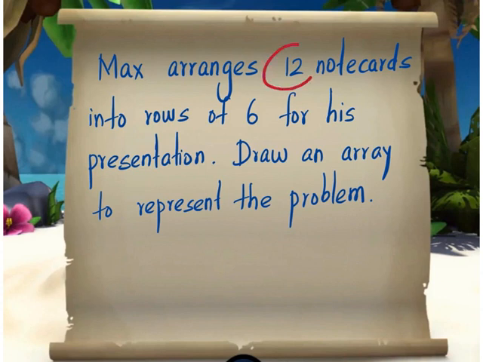So here 12 is the total, and into rows of 6 means the size of each group is given. And what is being asked is, we have to draw an array to represent the problem.